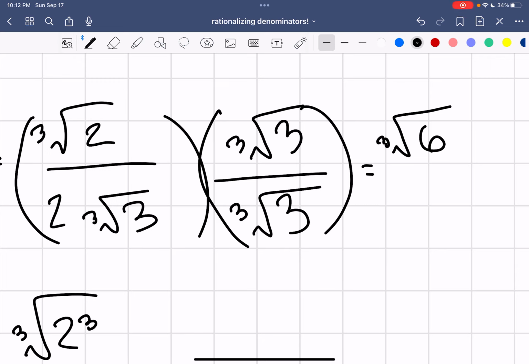Why is it squared? What? Rationalize 3, 2, 2 times square root of 3. Why is it squared?